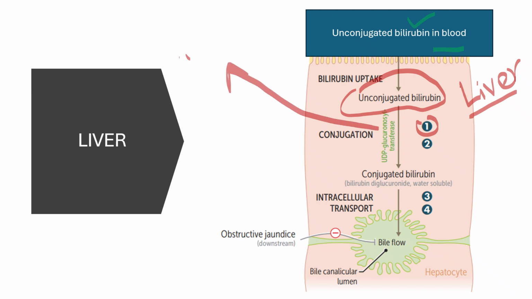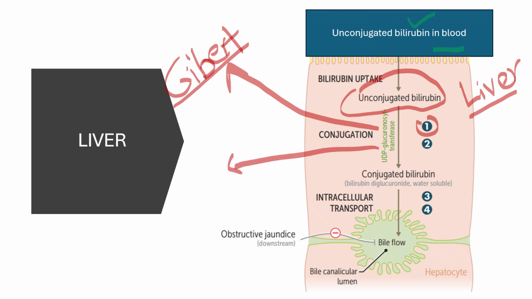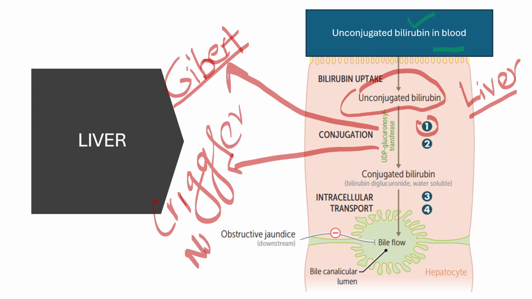One is Gilbert, the other is Crigler-Najjar syndrome. In Gilbert, the enzyme UDP glucuronosyl transferase is decreased, right? While in Crigler-Najjar it is absent or severely decreased, right? So Crigler-Najjar is a severe disorder, right?